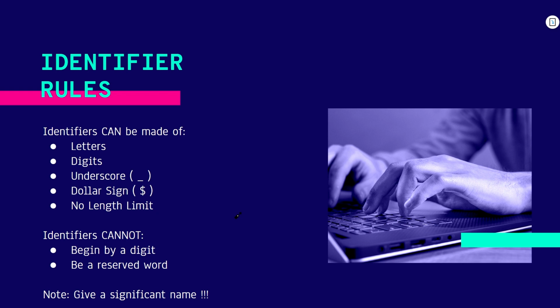For instance, if you write a method that sums two numbers, a significant identifier for that method would be sum or sumOfTwoNumbers. That name is significant because it tells us what the method is about. It's about summing two numbers together.